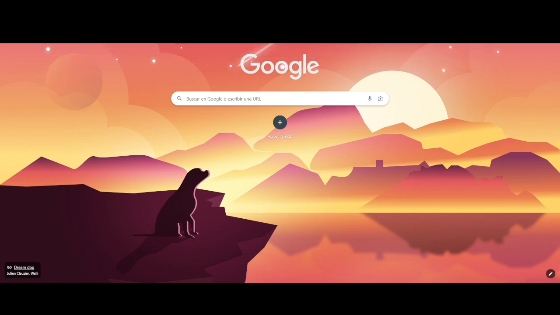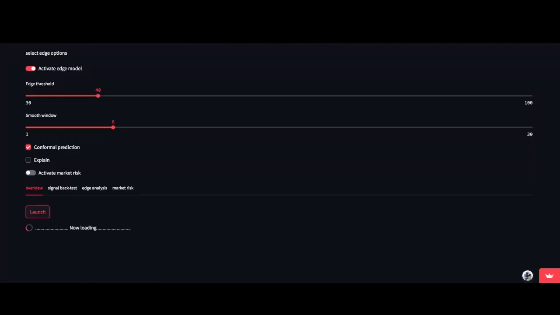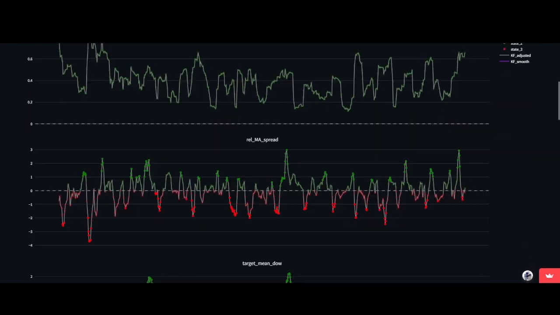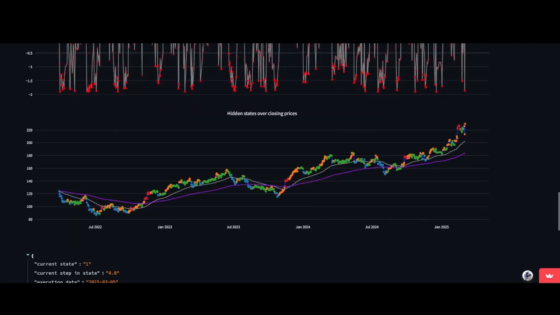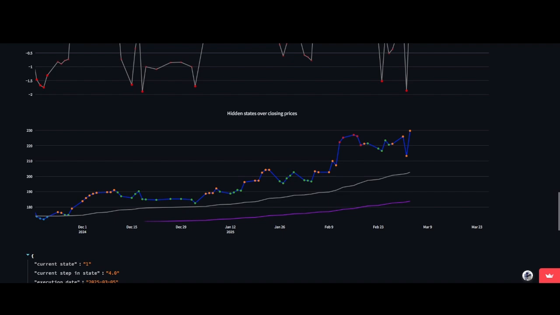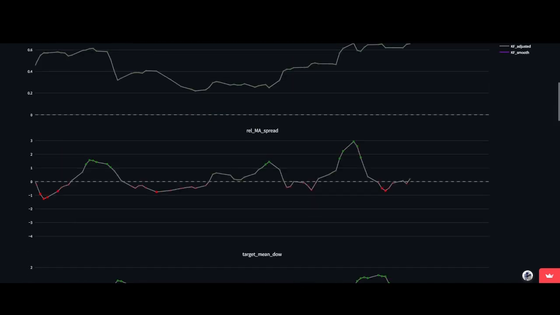Thales symbol HOPA. Okay. It's learning, it's taking some time. Okay. Not bad, it just jumped. Not bad stock.